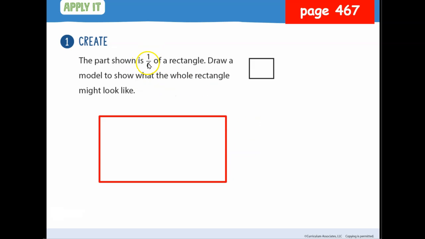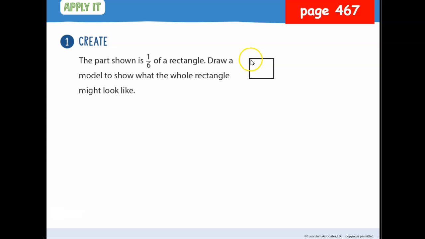It says 1/6 is shown. So this one right here is basically like this. Look, check it out. There's my rectangle. 1/6 is just one square like that.